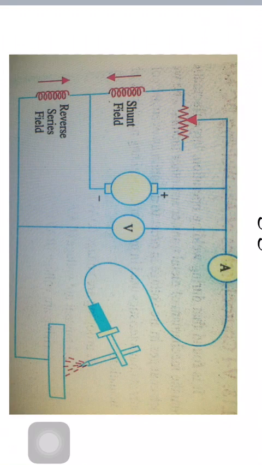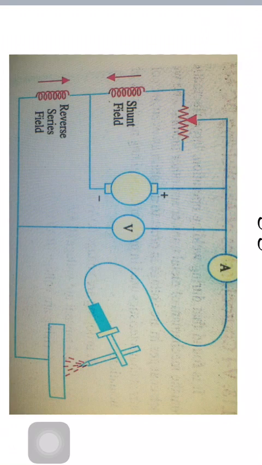Here we can observe in the diagram opposite directions of currents in the shunt field and reverse series field. Due to the decrease in net flux, because both are opposing each other, the net flux is somewhat less, so the generator voltage is decreased.